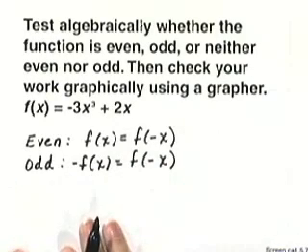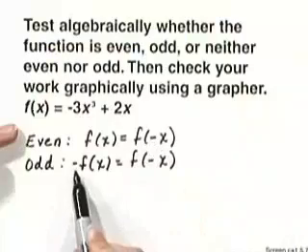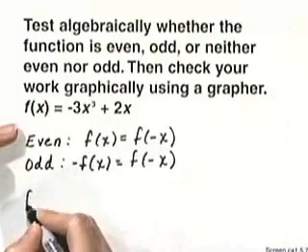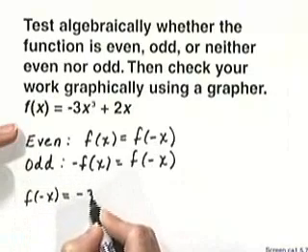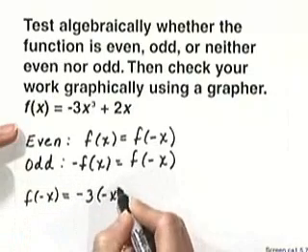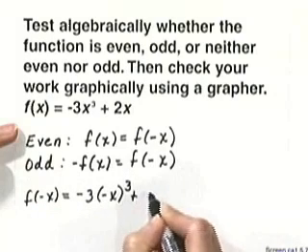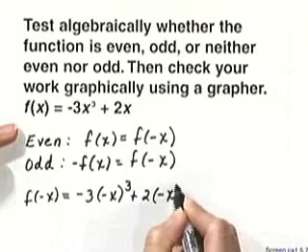So what we'll need to determine here in order to come up with an answer is f of the opposite of x and the opposite of f of x. F of the opposite of x equals negative 3 times the opposite of x cubed plus 2 times the opposite of x.